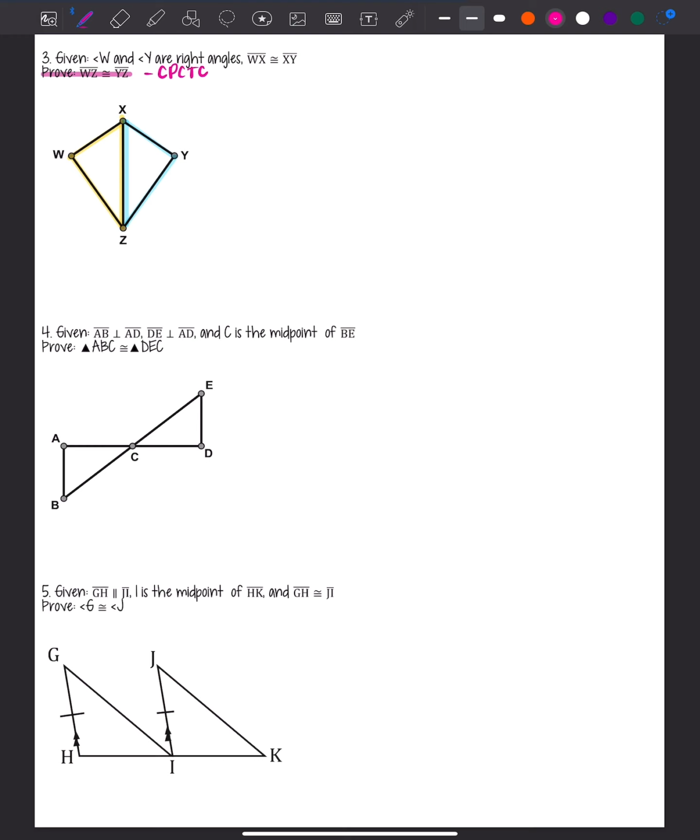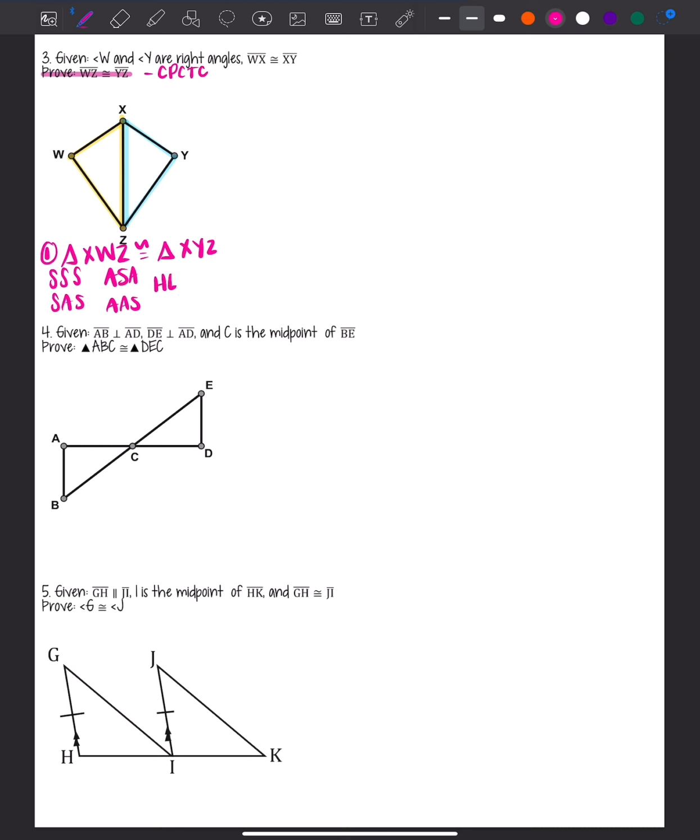However, before I use CPCTC, I need to first prove that triangle XWZ is congruent to triangle XYZ. And I know that there are only 5 ways that I can do this. So let's list them. Side, side, side. Side, angle, side. Angle, side, angle. Angle, angle, side. And HL, hypotenuse, leg.